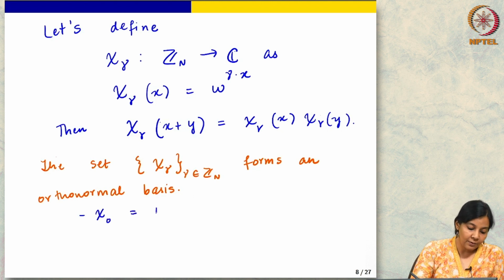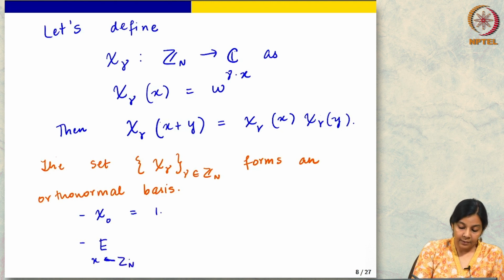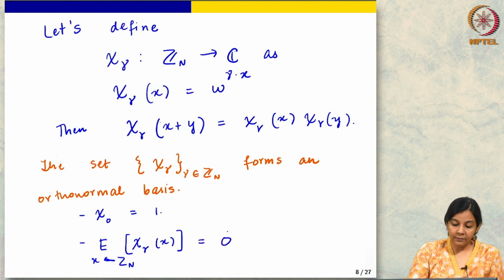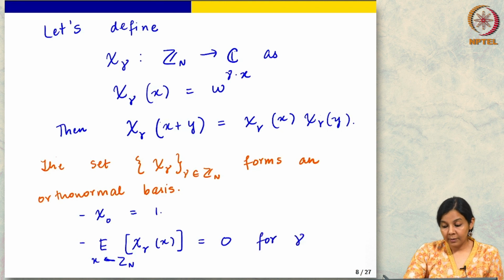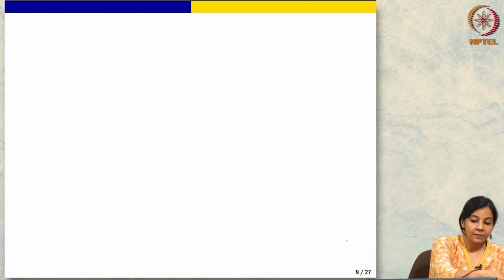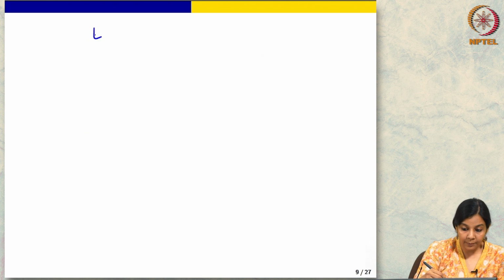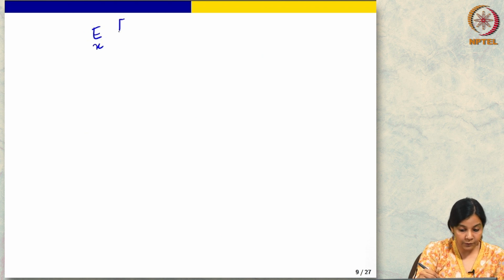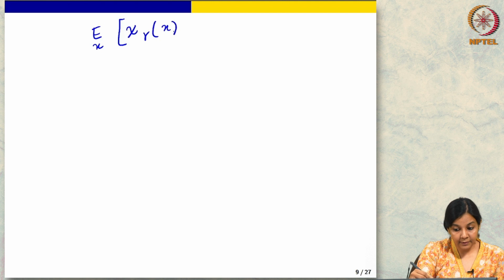So chi of 0 is again 1 by definition. Okay. Another nice thing is that the expectation over x sampled from Zn of chi gamma of x also turns out to be 0 for gamma not equal to 0. And maybe this is worth writing. Remember we are looking at the expectation over x of chi gamma of x.